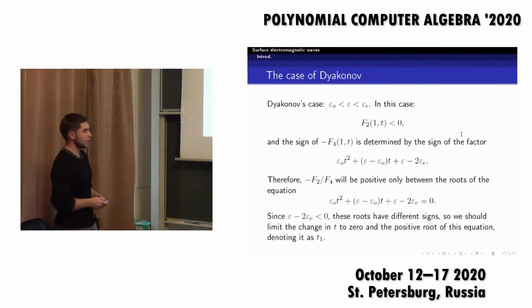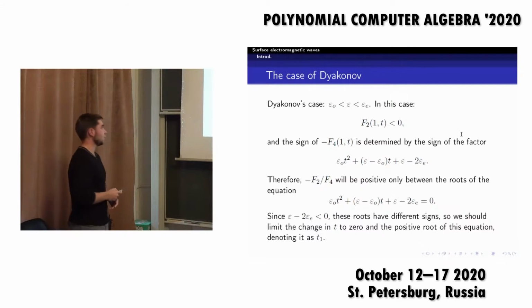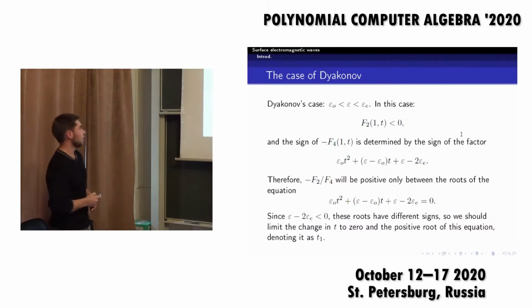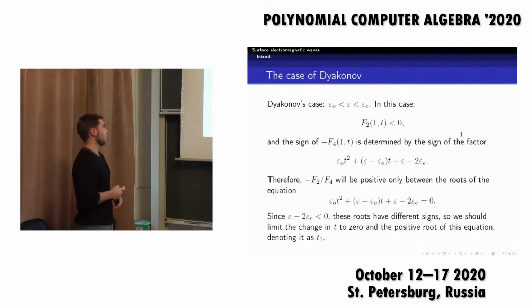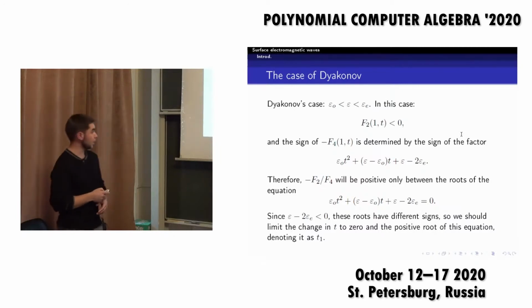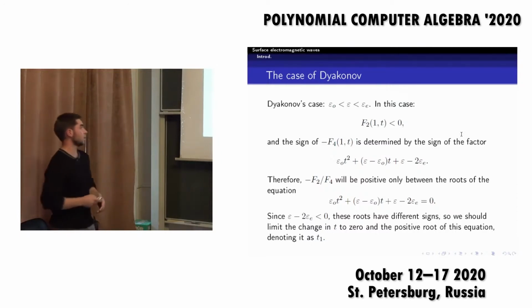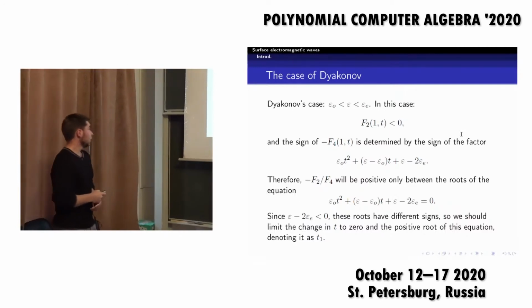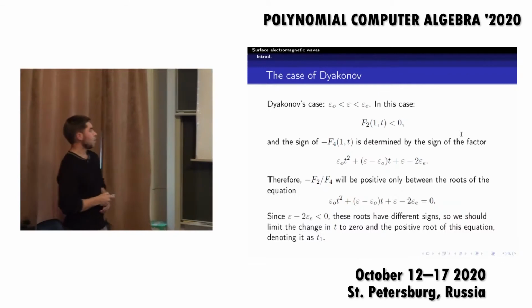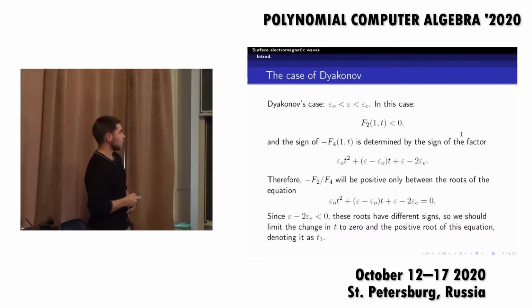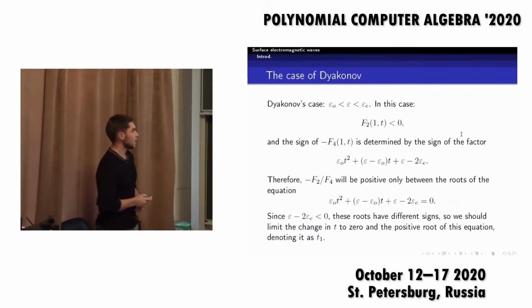We considered the Diakonov case, when epsilon 0 is less than epsilon, and epsilon is less than epsilon A. In this case, this expression is determined by the sign of a factor.